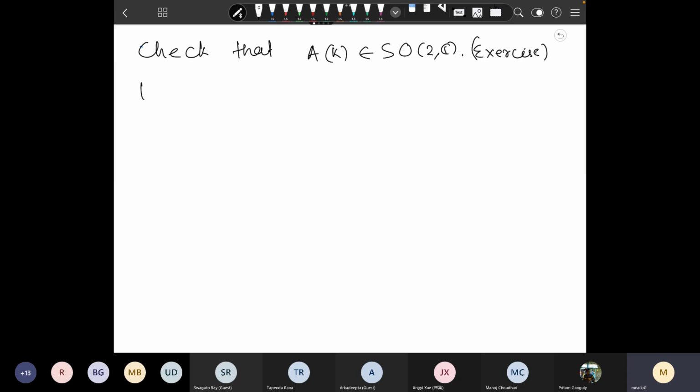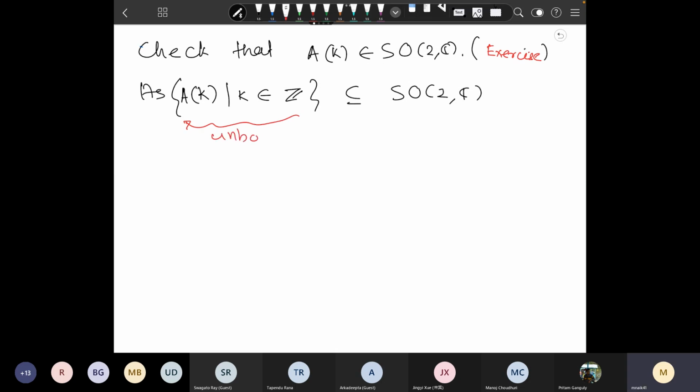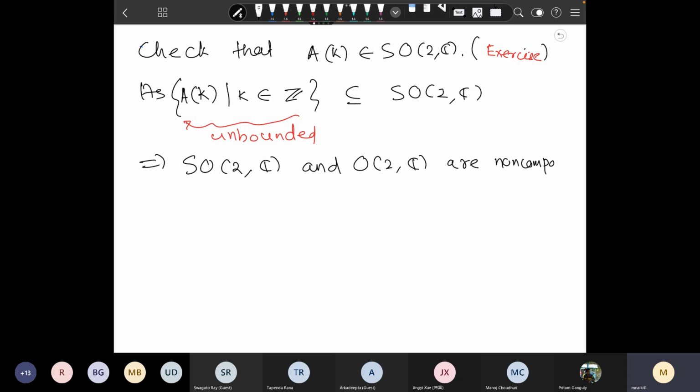Now as A_k, where k belongs to Z, is a subset of SO(2, C), and this is unbounded, this implies SO(2, C) and O(2, C) are non-compact. This is for n equal to 2.